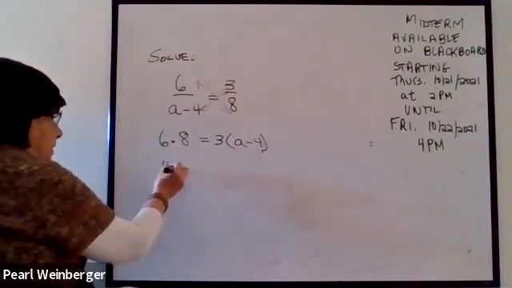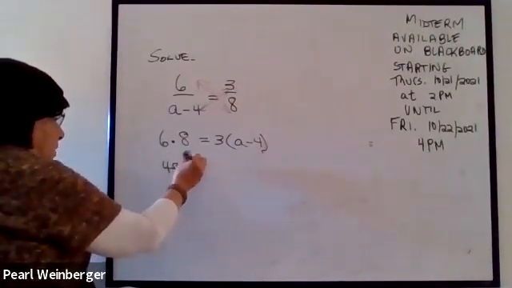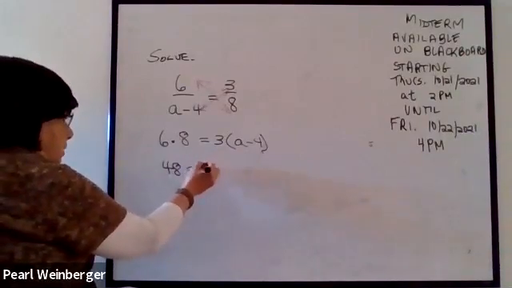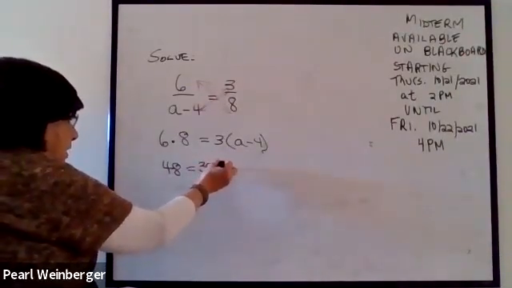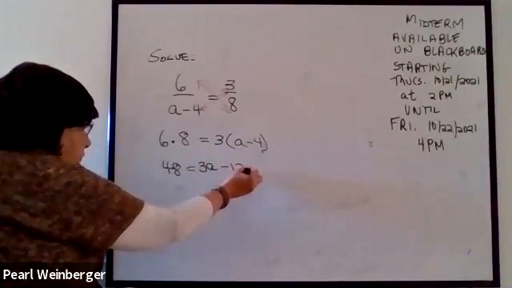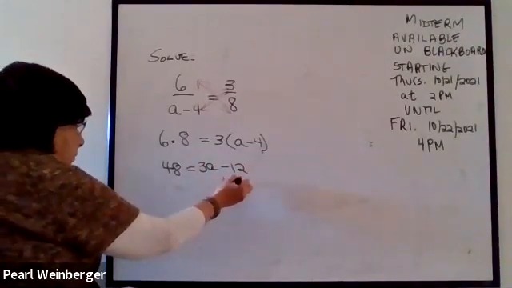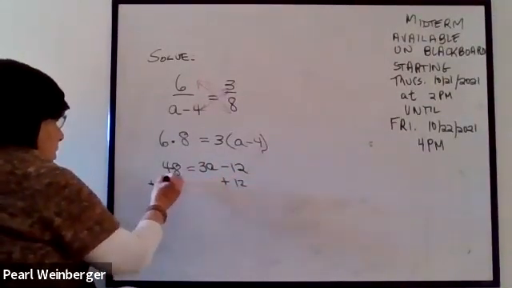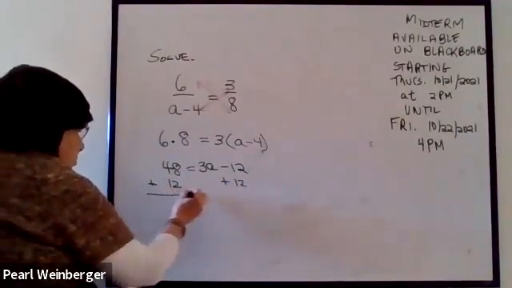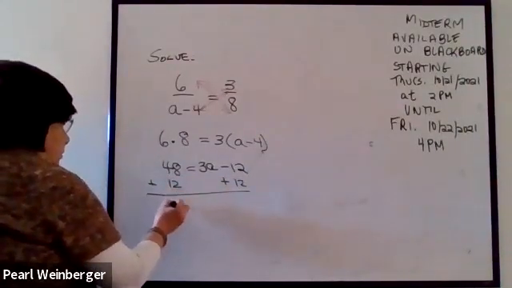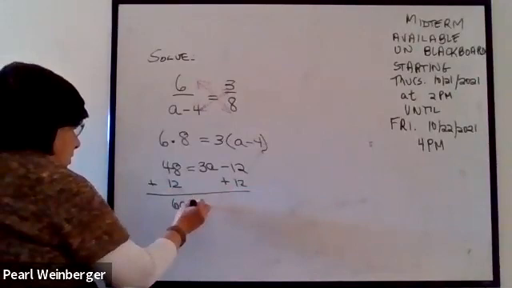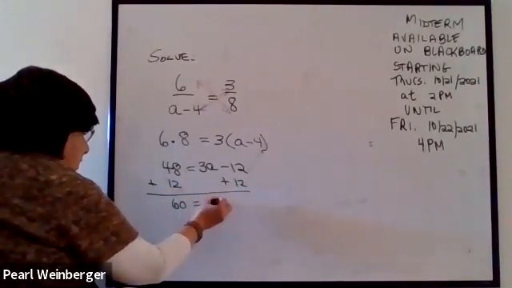So 6 times 8 gives me 48. And here I'm using my distributive property. That's going to give me 3a minus 12. I'll then bring the 12 to the other side. This will give me 60 equals 3a.